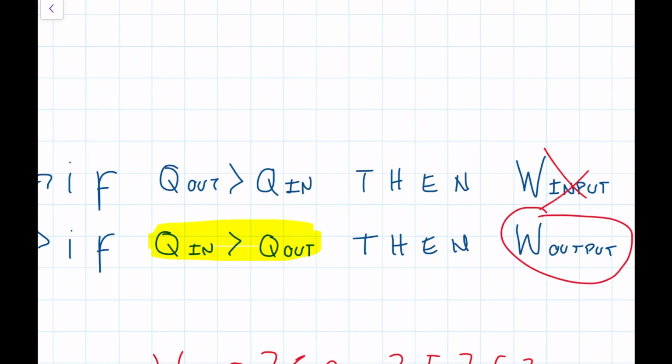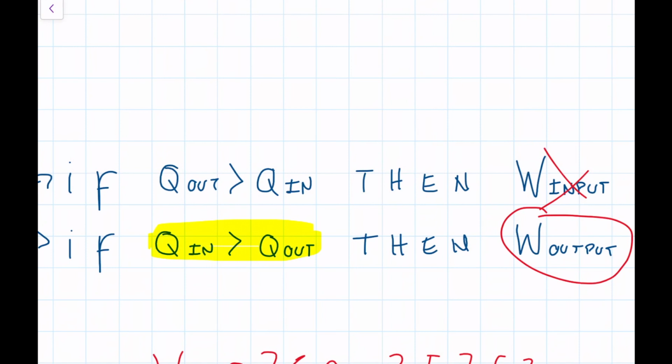Okay, and then let's just think about this in a real life example. If we have a car, right? If the amount of gasoline, of petrol, you put into the car is less than what it's expelling as heat, either through the exhaust or through the wheels or the engine, then we're not going to have any energy left to move the car, right?